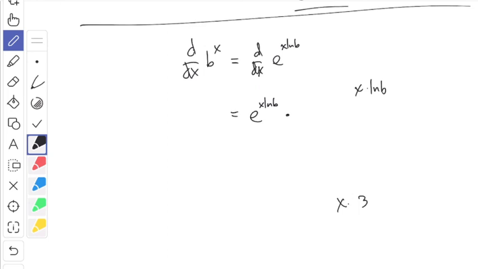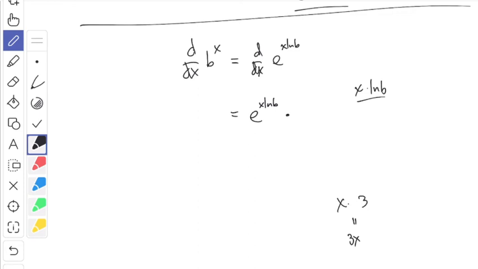It would be 3 because of the x there, right? This, of course, more often would be written like 3x. Sorry, look at that lag. 3x, right? And you take the derivative, the x goes away, you just get whatever the constant was. So when I have x times ln b, you take the derivative of that, the x becomes like a 1, and the constant ln b is the answer.